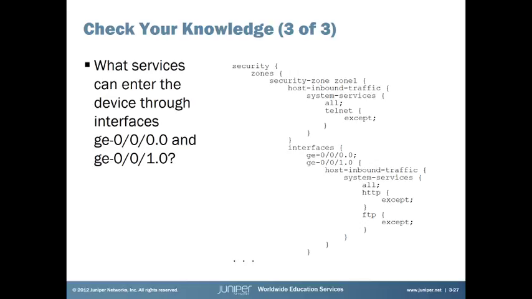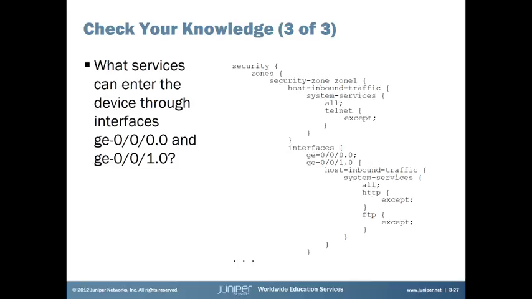So here we go, let's look at this situation where we have a zone level configuration, system services all, telnet except. So what's happening here is everything except telnet is allowed at the zone level. Then we go down and look at two interfaces here, one does have a specific configuration and one doesn't for host inbound traffic, and the consequence is that we've got everything except HTTP and FTP on interface 001.